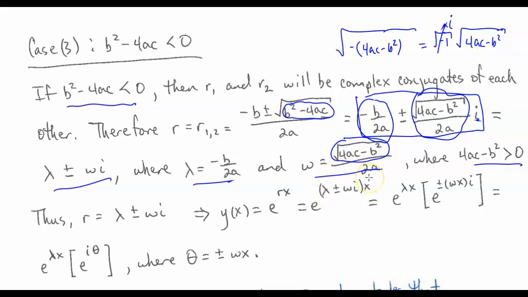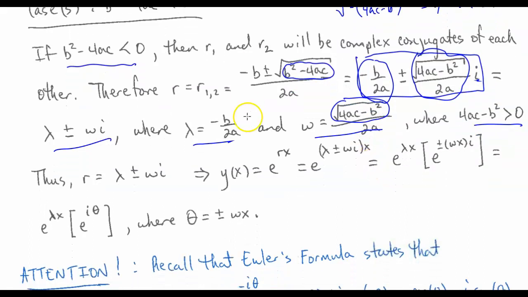Okay. Now, in general, what this means is that our general solution looks like e raised to the complex number here times x. And of course, I have a plus or minus, so it can be either or. Using exponential rules, I can rewrite it. This is the real part, and this is the complex or imaginary part.